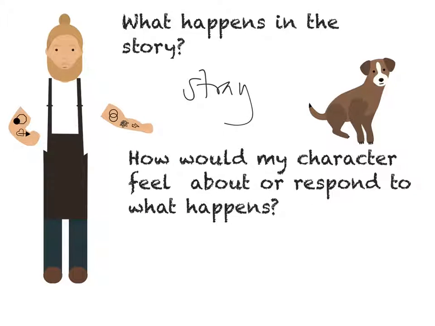Then I'm going to ask myself, what would the character feel or how would the character respond to this stray dog? So maybe my hipster dude is going to want to take care of this dog, or clean him up.